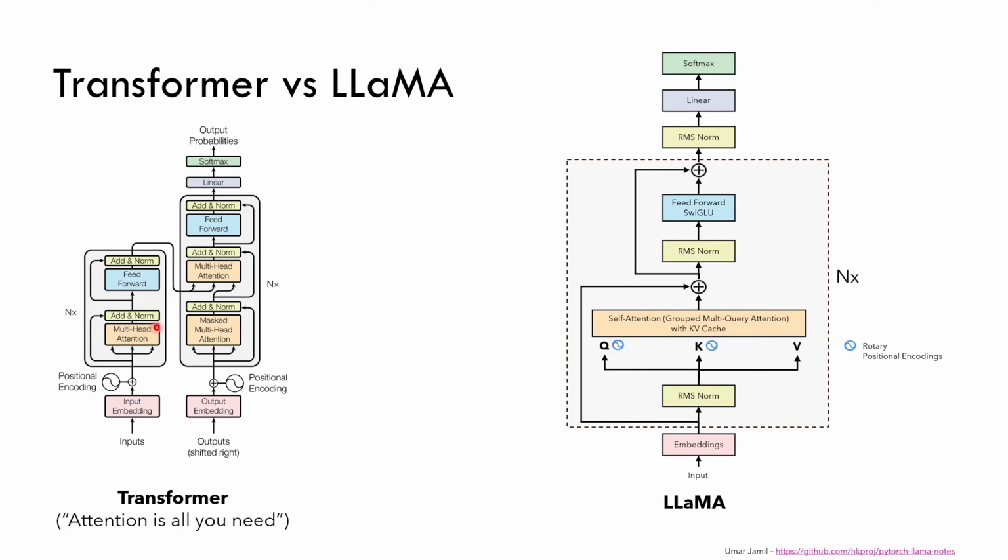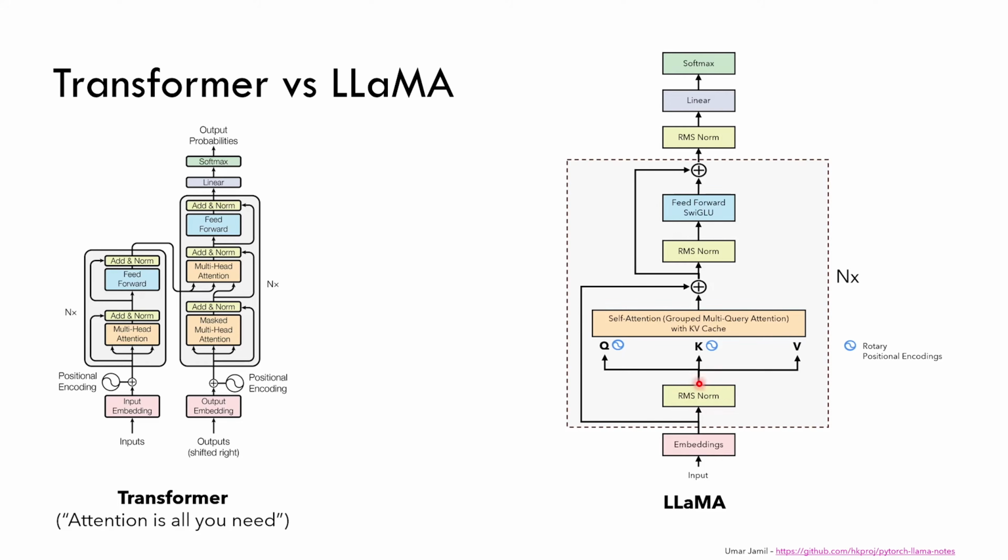Before, we had the multi-head attention, and then we had the add-and-norm, which is this plus sign here, a combination of a skip connection and the output of the multi-head attention, and the normalization. We also have this normalization here, here, here, so after every block. But in LLaMA, we have it before every block. We will review what normalization is and why it works the way it does.